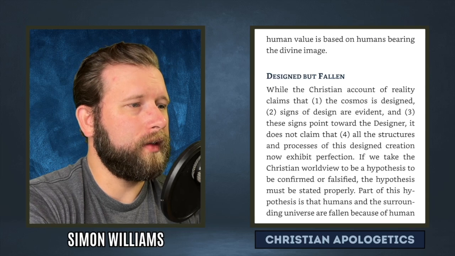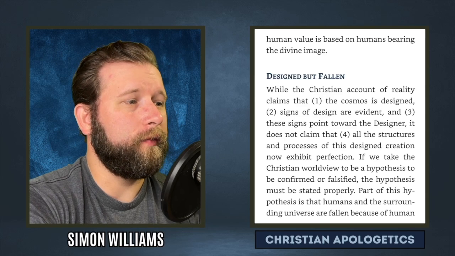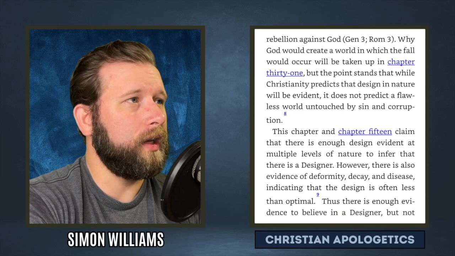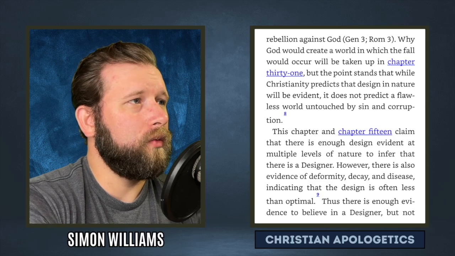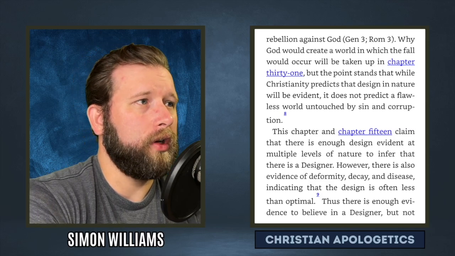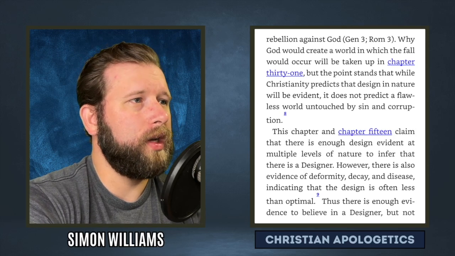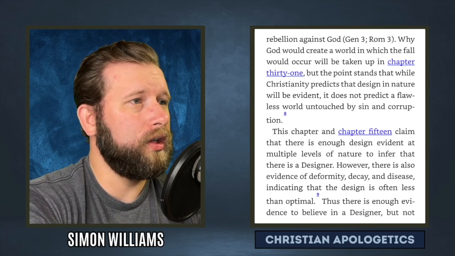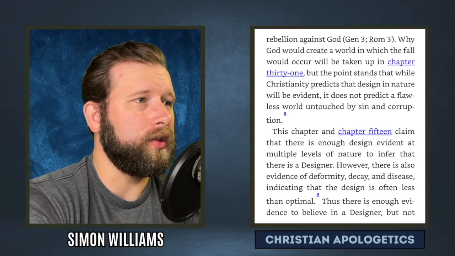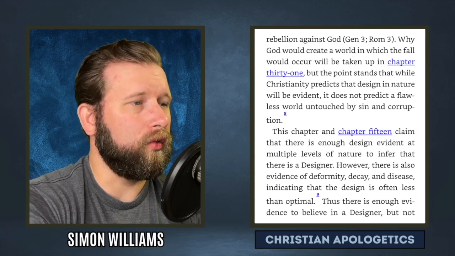Part of this hypothesis is that humans in the surrounding universe are fallen because of human rebellion against God. Why God would create a world in which the fall would occur will be taken up in chapter 31. But the point stands that while Christianity predicts that design in nature will be evident, it does not predict a flawless world untouched by sin and corruption.